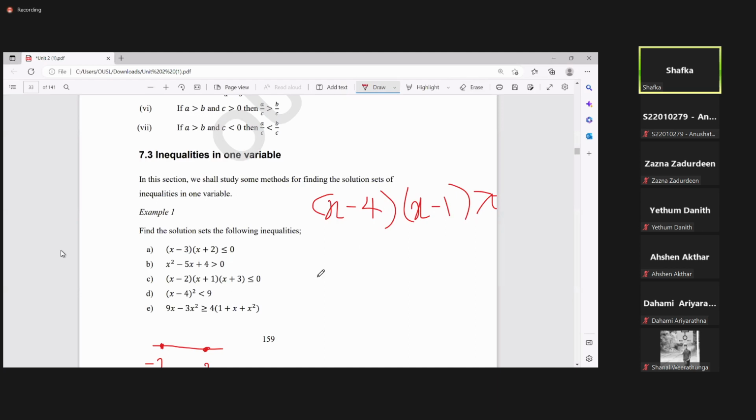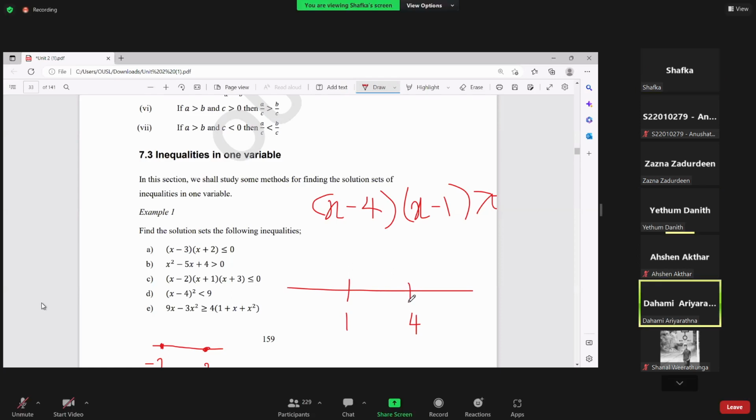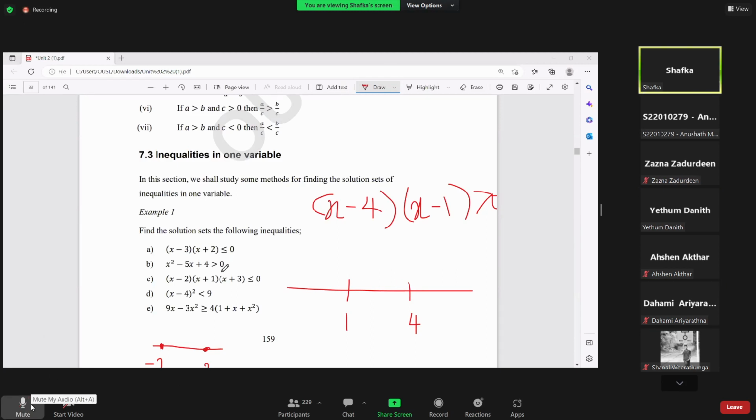What are the critical points? 4 and 1. Yes, 1 and 4. Do we need to include this 1 and 4 in our solution? No. Why is that? This doesn't equal 0.